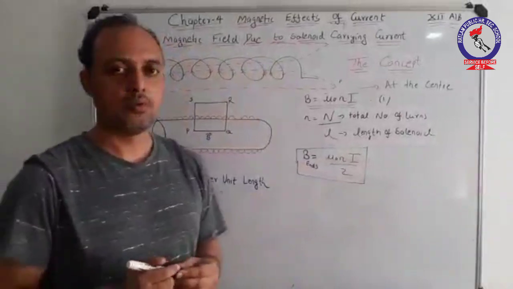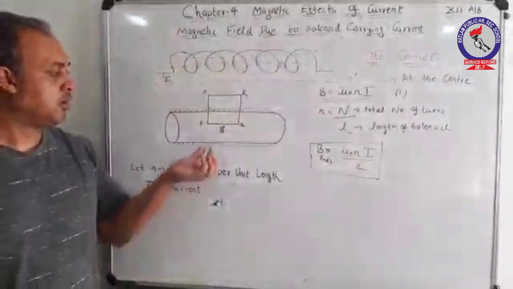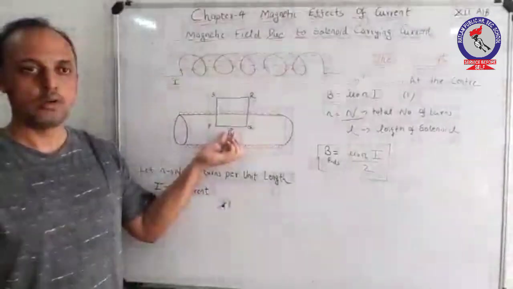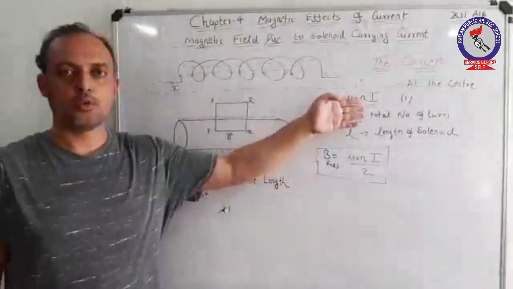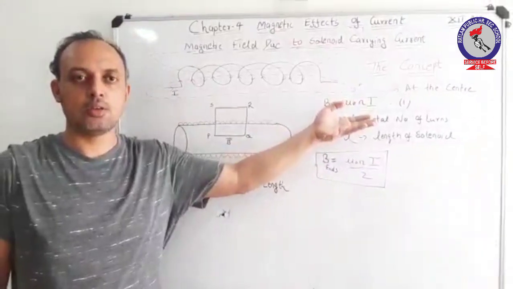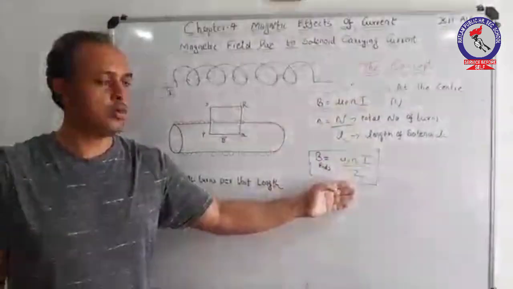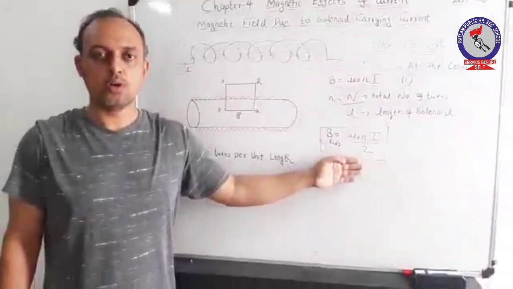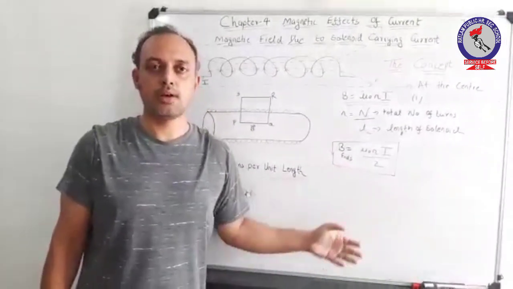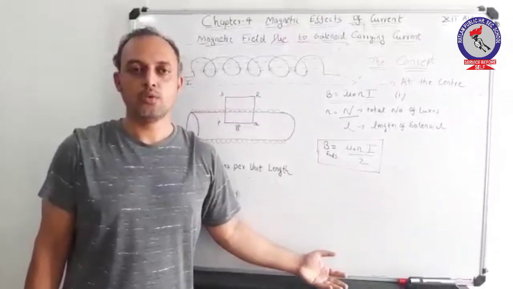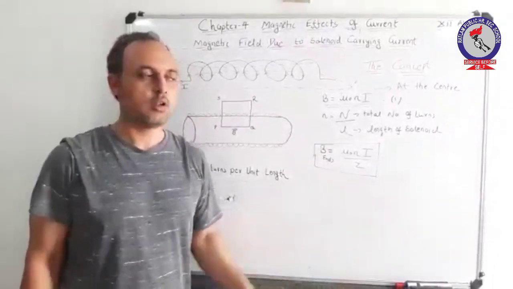So you can observe, while you are moving from center of a solenoid towards the end of the solenoid, the magnetic field from its actual strength at the center reduces to its half value toward its end. That is, the field becomes exactly half of the value which was created at the center.